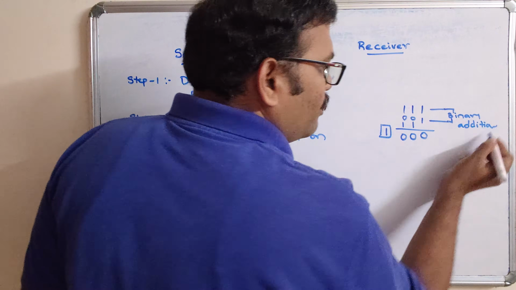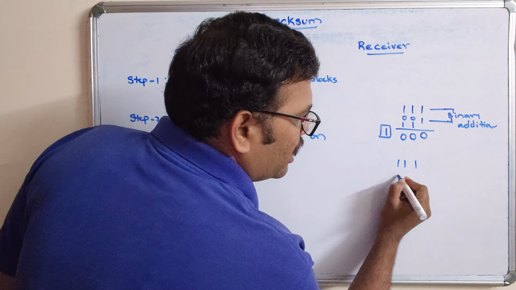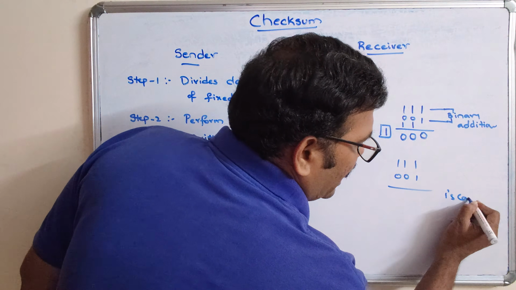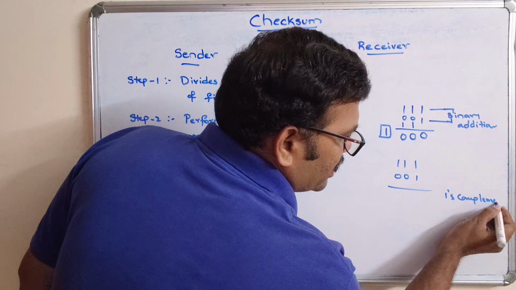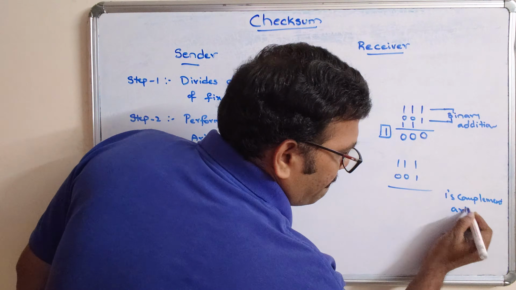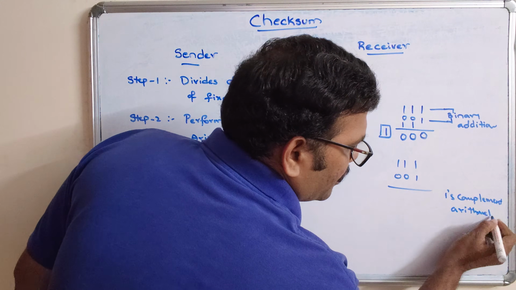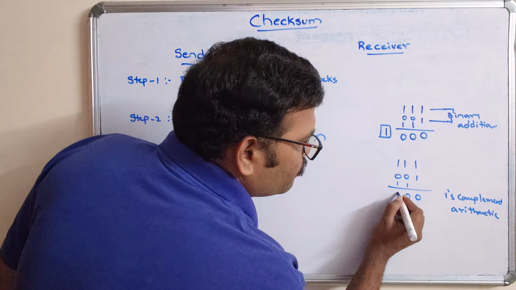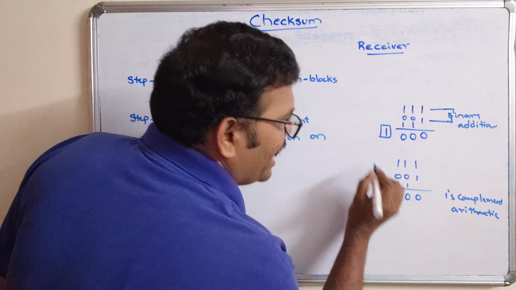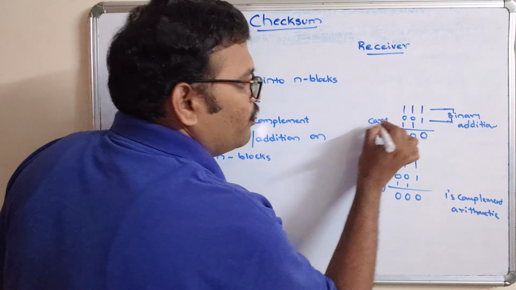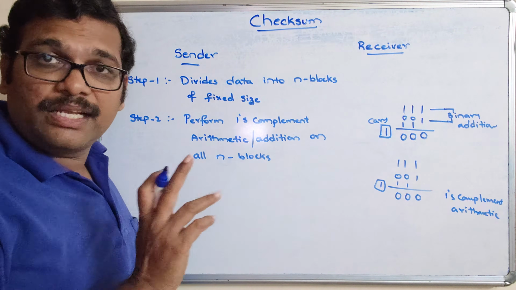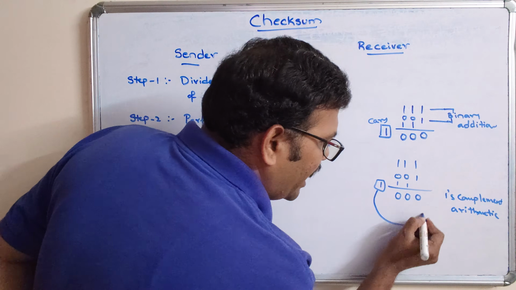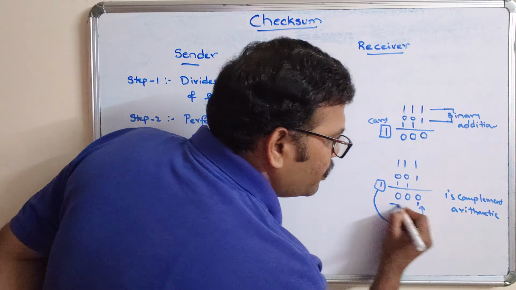Now if you apply the ones complement addition, see, this is a 0 and this is 1, and this is a carry. We just ignore this carry if it is a binary arithmetic, but if it is ones complement, this 1 should be added again to the LSB of the result.